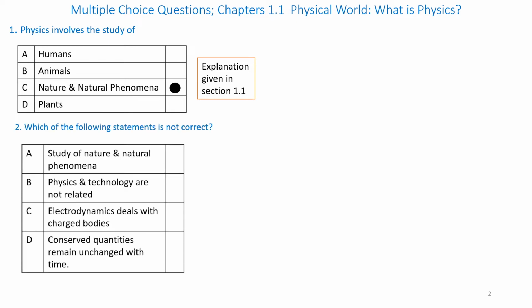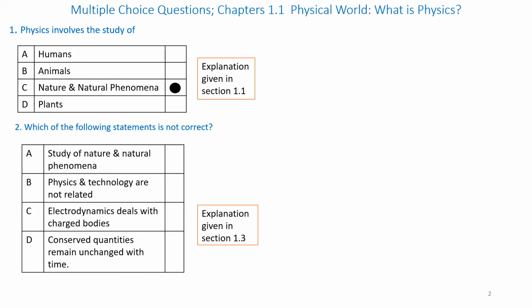Second question. Which of the following statements is not correct? There are 4 choices: A, B, C and D. You have to answer the correct answer and allot 4 marks for the correct answer and -1 marks for the wrong answer.